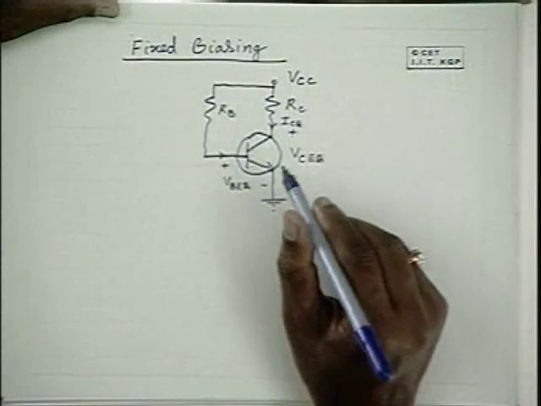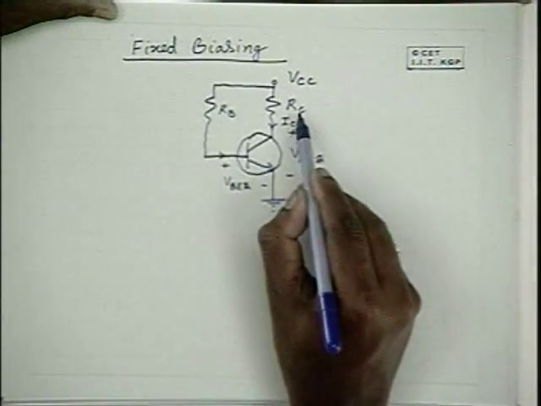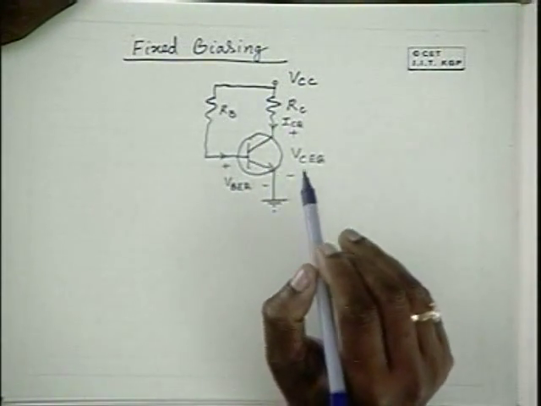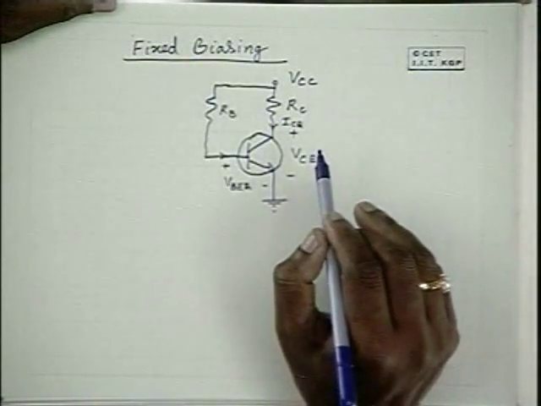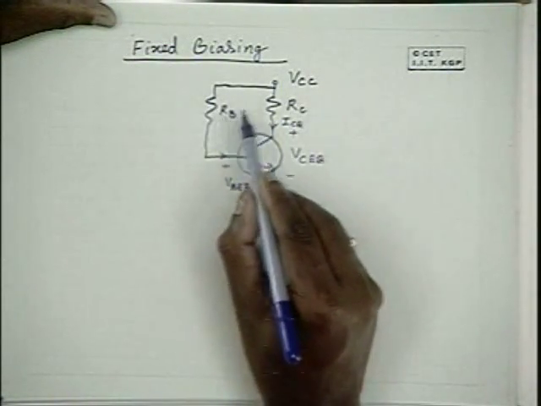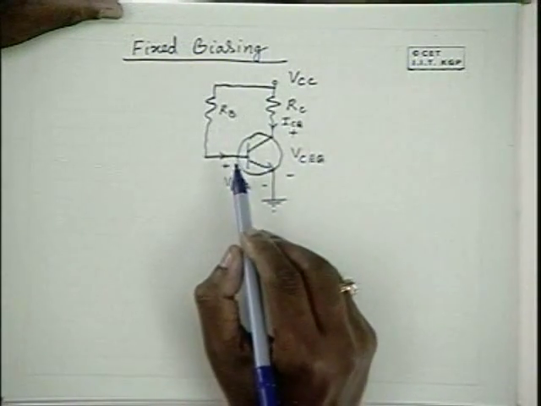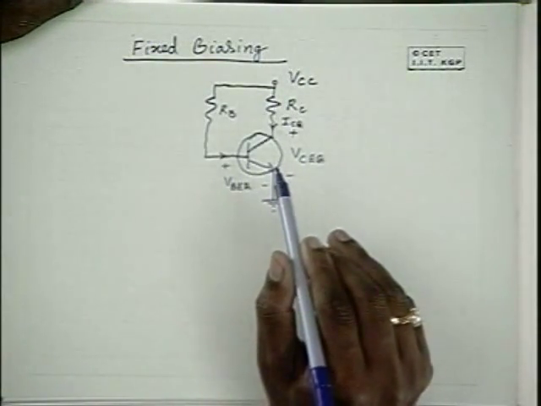Now the question is how to select this RB and RC to provide a particular VCEQ and VBEQ. If you analyze this circuit, it will be clear to you. Let us analyze a given VCC and given RB and RC, and see what quiescent point it gives, how much ICQ and how much VCQ it gives.